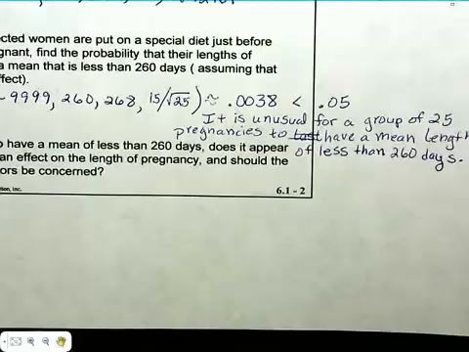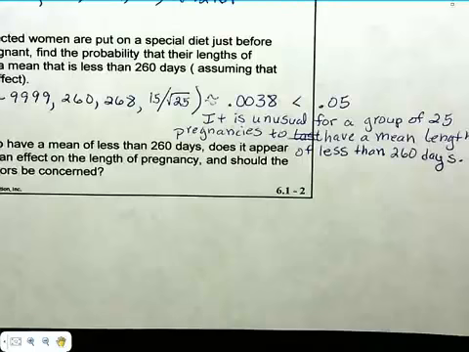If you assume something and then you observe an outcome that's not likely to happen under your assumption, then that means your assumption is wrong. What was our assumption in the B part? That the diet didn't cause you to have a baby early or have a baby late.